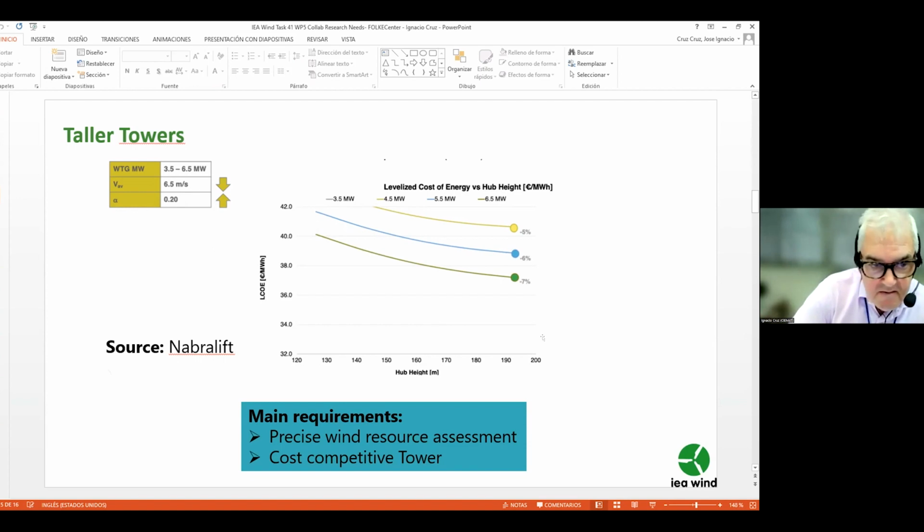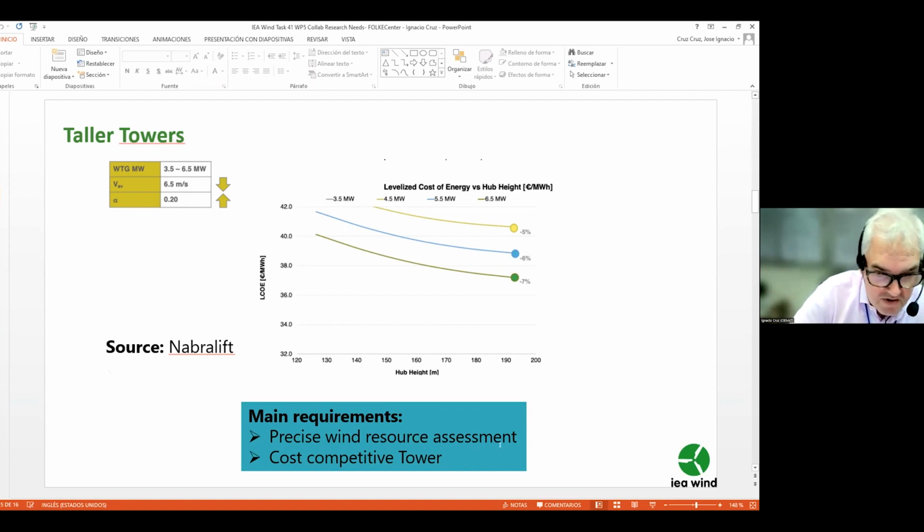But we need to take into account the cost of the solution, the type of tower that we are going to use. So anyway, this analysis is very related to very precise wind resource assessment in order to know what the wind shear is at the site where we are going to install our wind turbine, and a cost-competitive tower is interesting also.